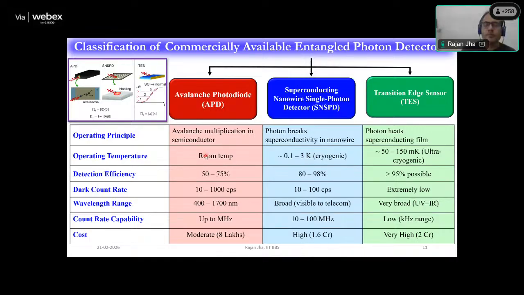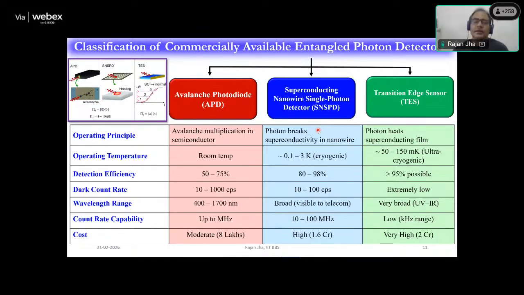Please note why we use avalanche photodiodes: we are interested in single photon generation at room temperature. Many experiments where people have been doing quantum computation or quantum communications at cryogenic temperature have to go with SNSPDs, that is, superconducting nanowire single photon detectors.